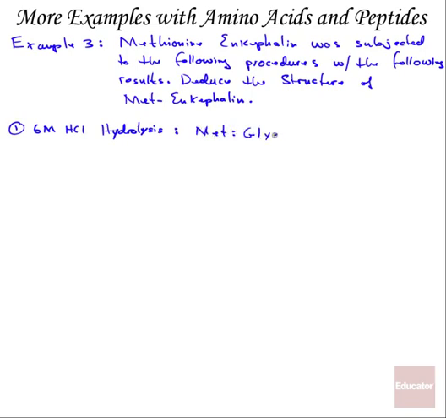Methionine to glycine to phenylalanine to tyrosine, the molar ratios were 1 to 2 to 1 to 1, okay? So we weren't able to count how many of each, but we were able to get the ratios of the amounts of the amino acids in this particular analysis. So 1 to 2 to 1 to 1 meant met to gly to phe to tyr.